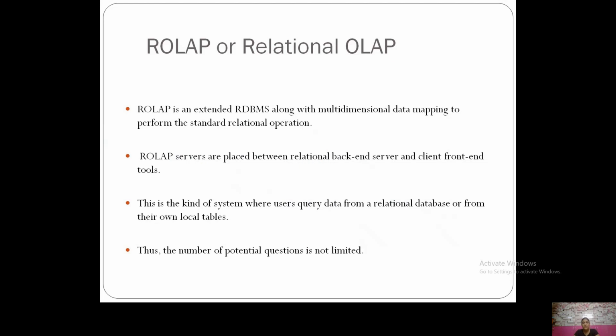ROLAP servers are placed between the relational back-end server and client front-end tools. This is the kind of system where users query data from a relational database or from their own local tables.